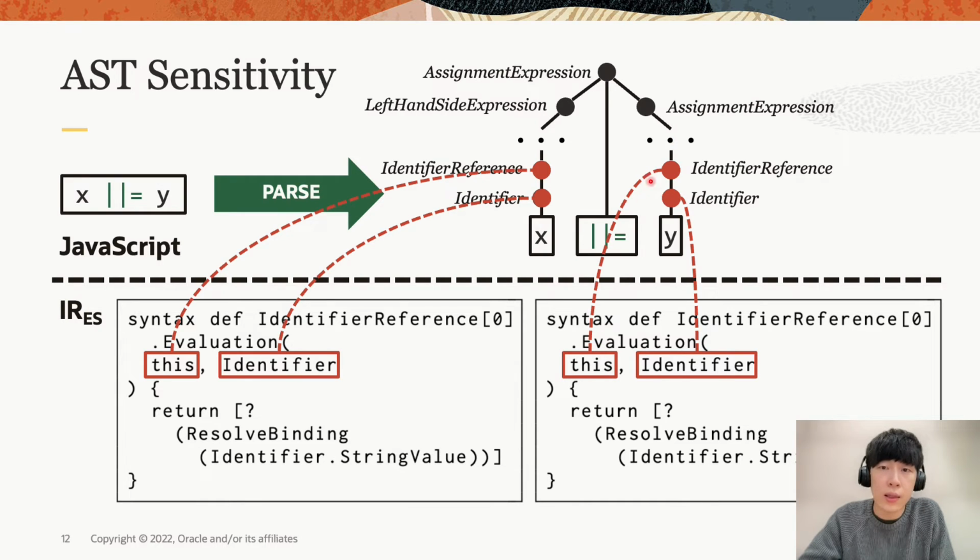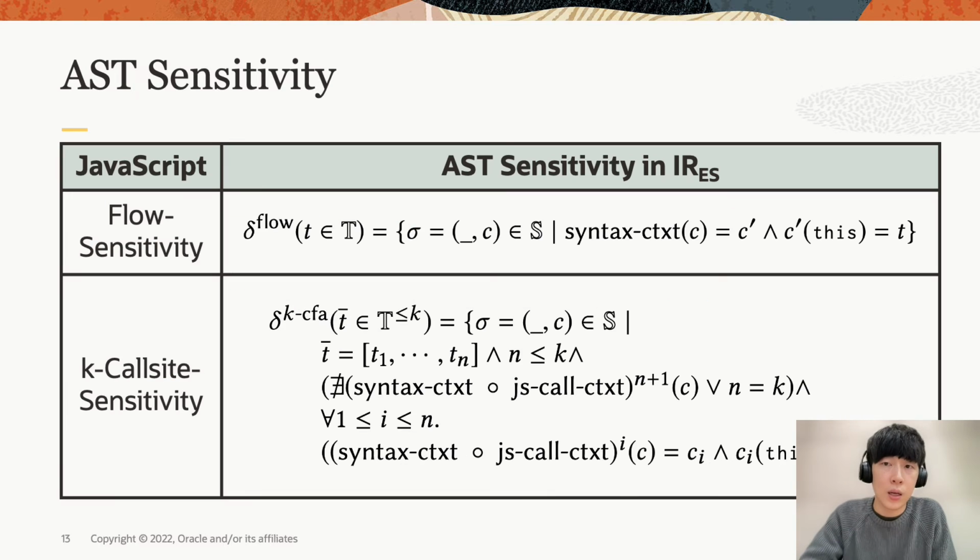Thus, now we can discriminate the context for all different subtrees of JavaScript programs using AST sensitivity. One interesting point is it works exactly the same as the flow sensitivity for original JavaScript static analysis. It means that AST sensitivity for IR_ES is the dual concept of flow sensitivity for JavaScript.